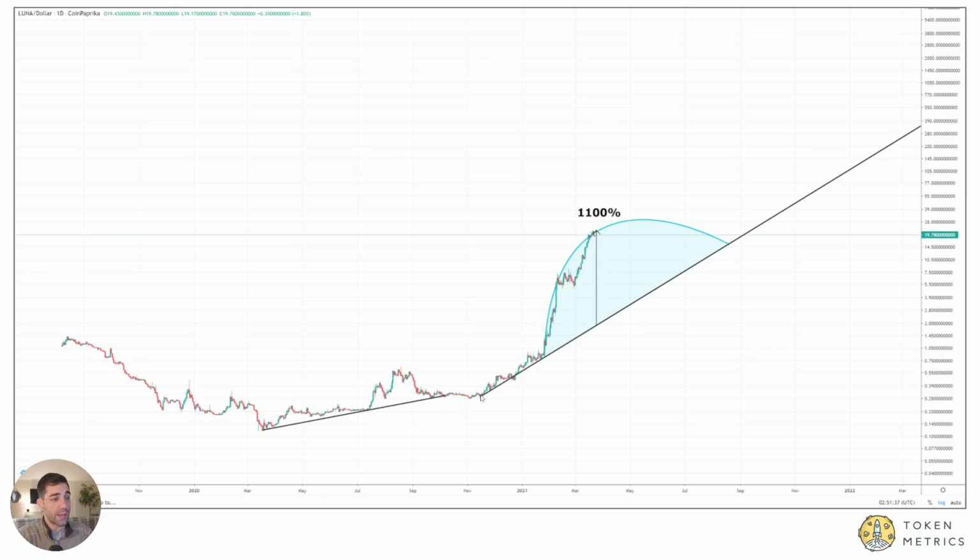All right, so we had this nice linear trend line on a logarithmic chart, which equates to exponential growth, and we've actually mooned up off of that. Luna has just gone completely parabolic and has seen a high rate of growth and is currently 1,100% overvalued against its most recent trend line.